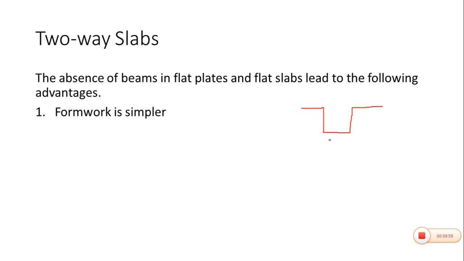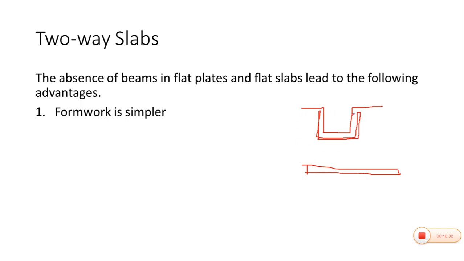If I have a slab with beams, then I need to provide extra boxing for the projected beam part. If I remove the beam part, I need to provide just a flat plate to support the slab, and in this way it saves my time as well as being simple.